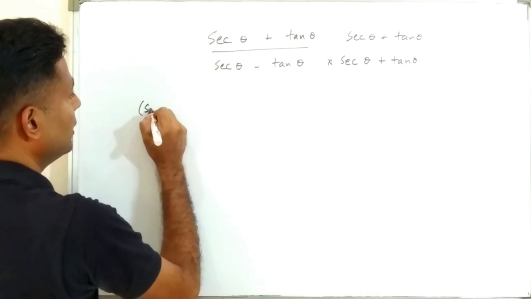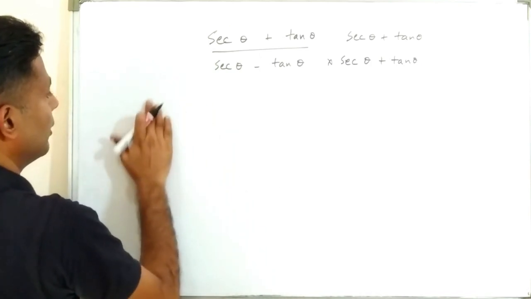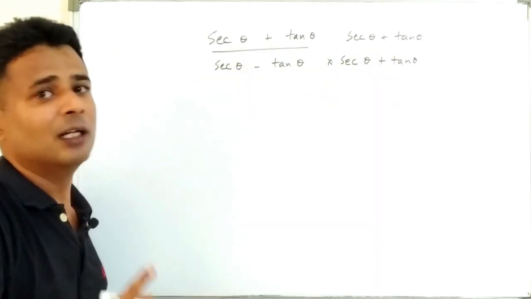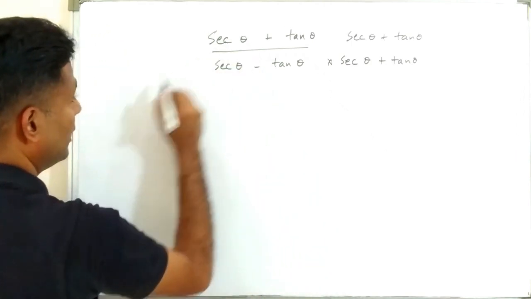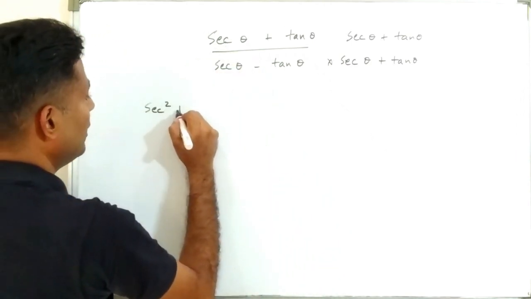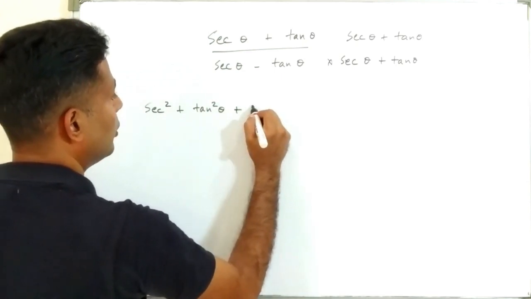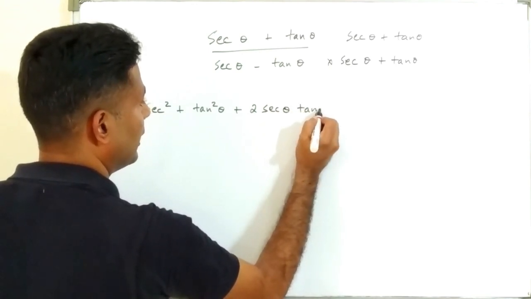This is sec theta plus tan theta into sec theta plus tan theta. So sec theta plus tan theta whole square, of the form a plus b whole square. So that will be a square plus b square plus 2ab, right?